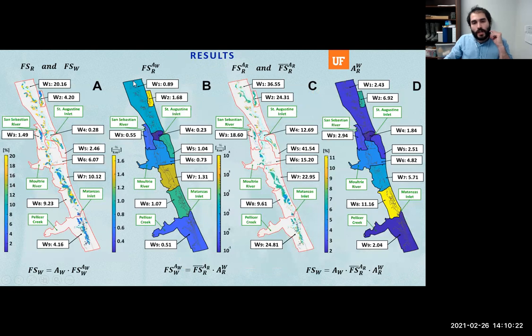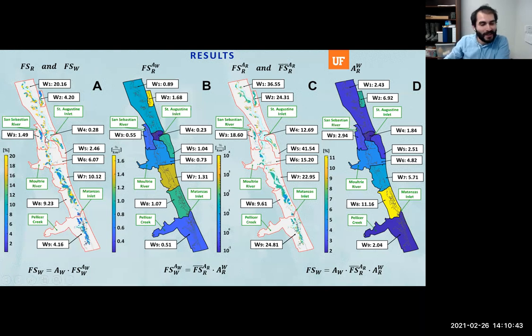So these are some results we got from our algorithm. These are the filtration services at the reef scale and at the watershed scale. These values are the colored dots here in this figure, and these values are the values inside the white box. This goes from 0 to 0.9.